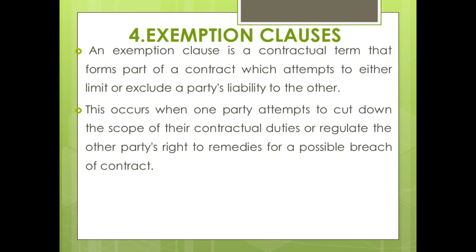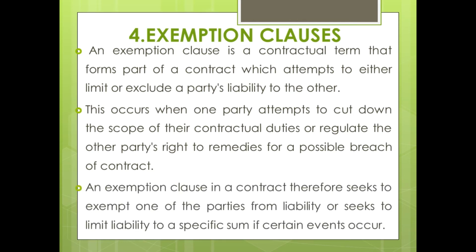This occurs when one party attempts to cut down the scope of their contractual duties or regulate the other party's right to remedies for a possible breach of contract. An exemption clause in a contract therefore seeks to exempt one of the parties from liability or seeks to limit liability to a specific sum in certain events.